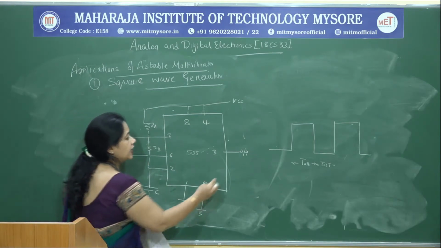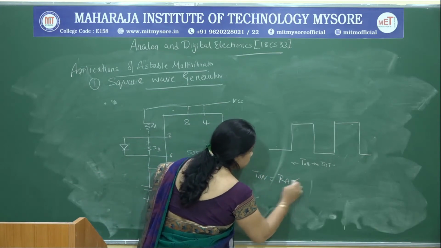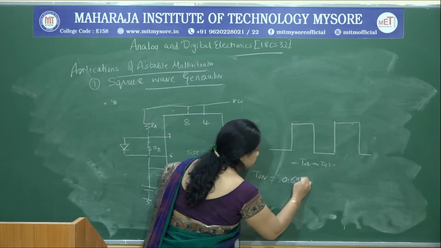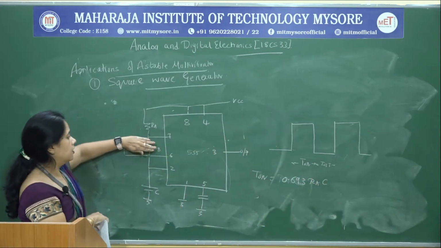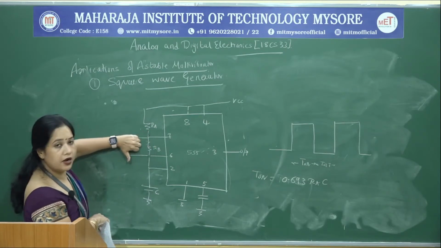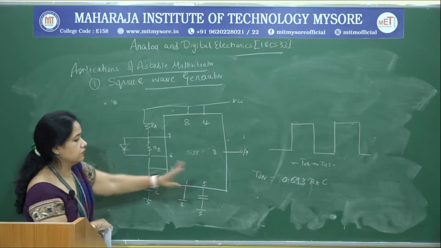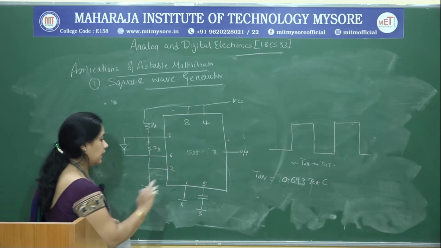As a result, I can write the charge time of your capacitor as 0.693 RA C, because the diode has been connected across RB, making the parallel combination negligible.